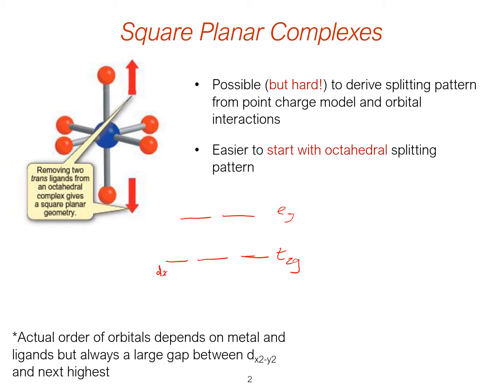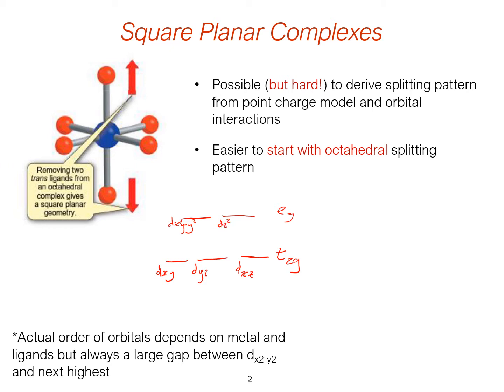So these were the dxy, dyz and dxz orbitals, and then at the top was the dx squared minus y squared and the dz squared orbital.